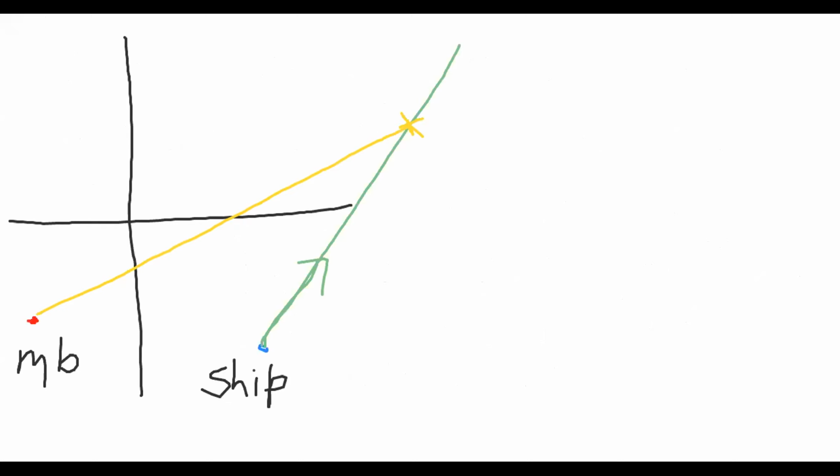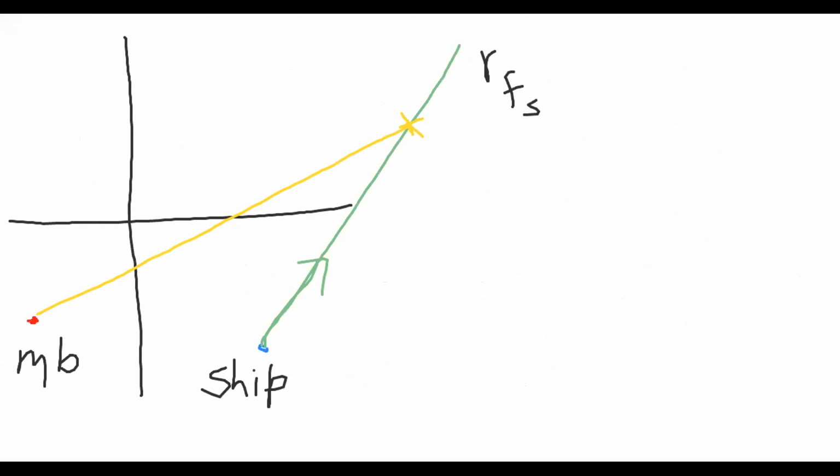Good. So the final position vector of the ship will be equal to the initial position vector of the ship plus velocity vector into delta t. I'm not going to write delta t, I'm just going to write t.